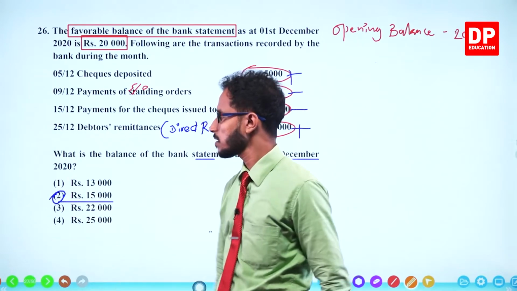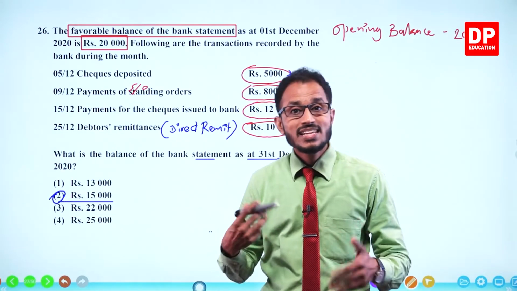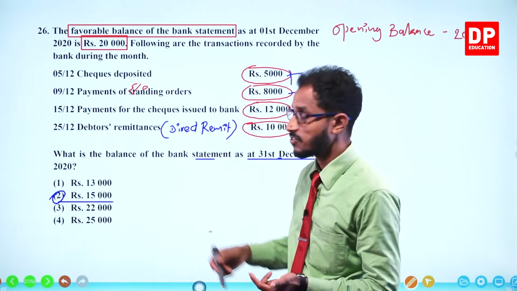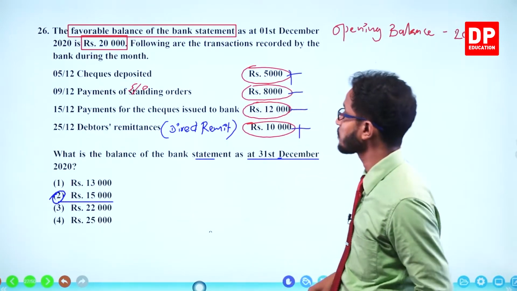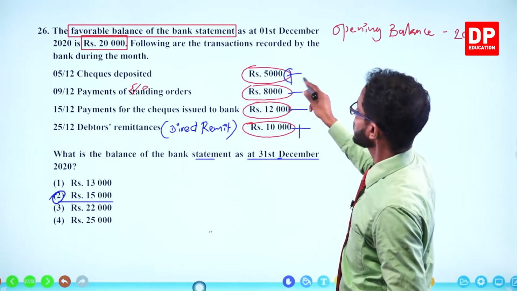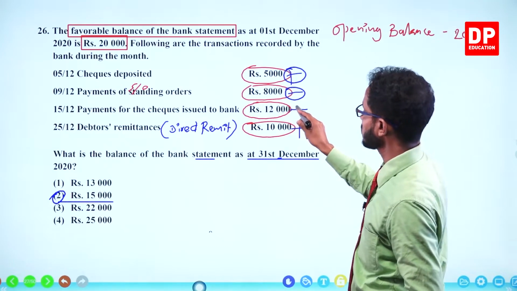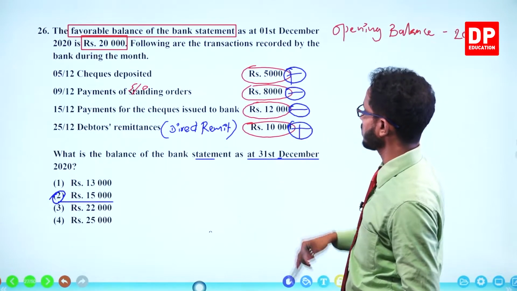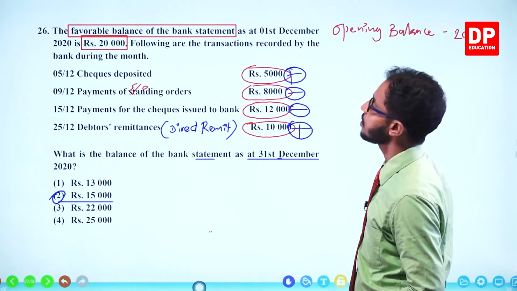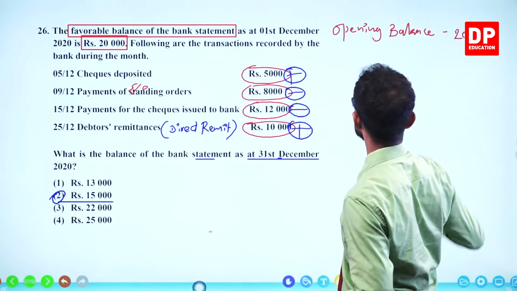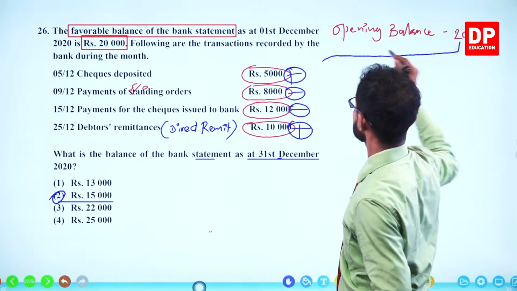Got it? Did you understand how I worked it out? Easy stuff, right? This should be added, this should be subtracted, again added, to the opening balance.